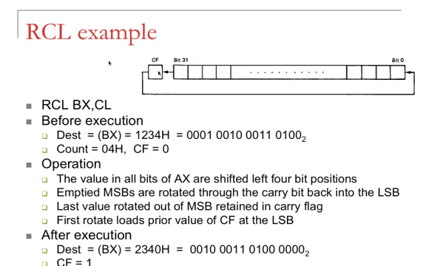The last bit of this register, bit 0, will have the value of the carry flag, which is the previous value. Okay. Yeah. So all the bits are kind of in a queue, and you push them one by one.